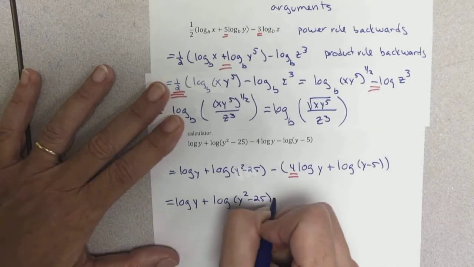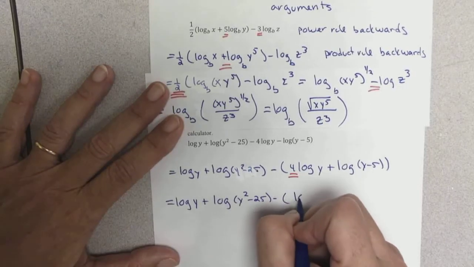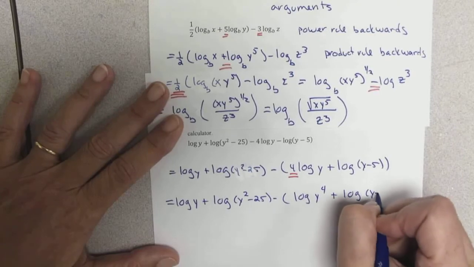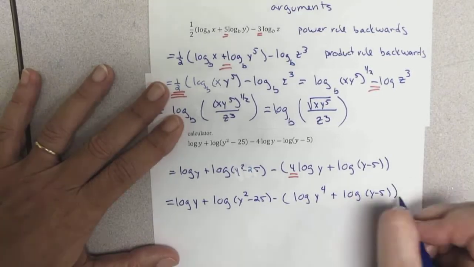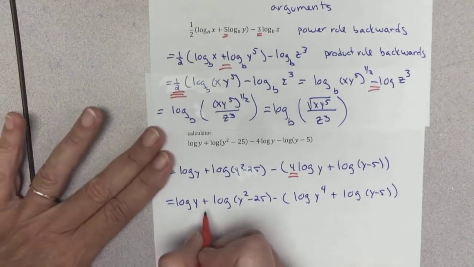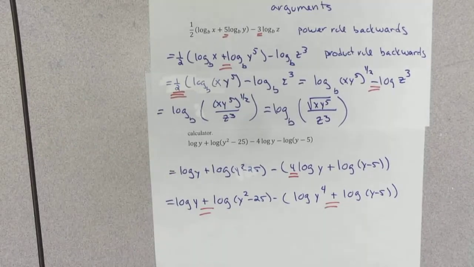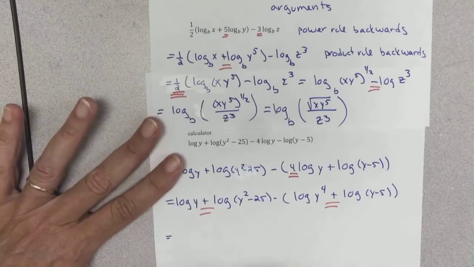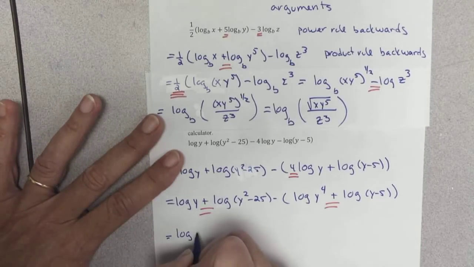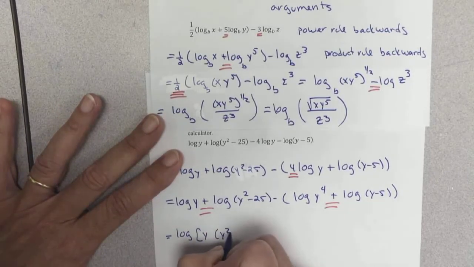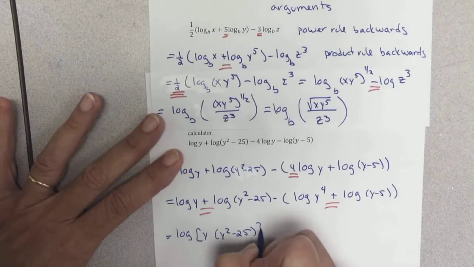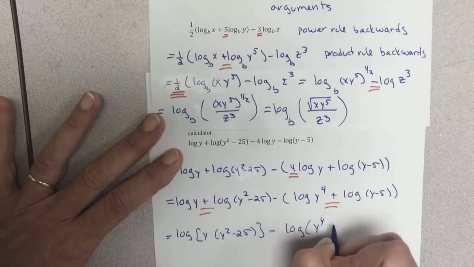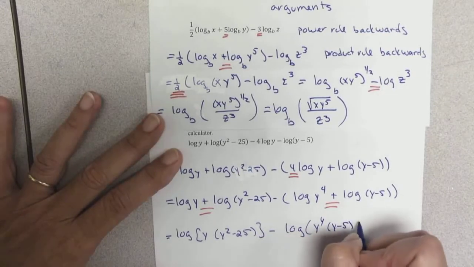And like we've said a couple times, coefficients can go up and become exponents. Then we'll do each one of those additions. Additions can be put together by multiplication. So that's going to be log of y times y squared minus 25 minus log of y to the 4th times y minus 5.